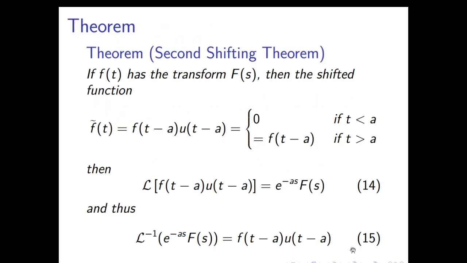If we have an arbitrary function f of t, then we can shift the function f of t using the unit step function as f of t minus a into u of t minus a, which is usually denoted as f tilde of t, which is known as the shifted function, and it is equal to 0 when t is less than a and equal to f of t minus a if t is greater than a.